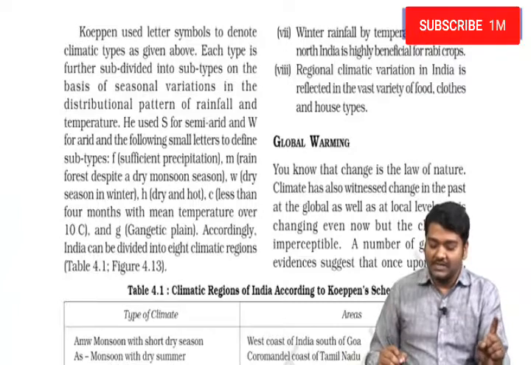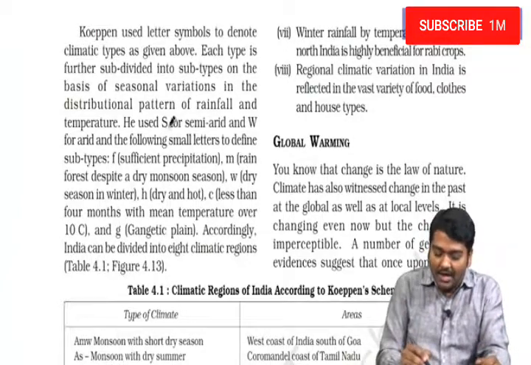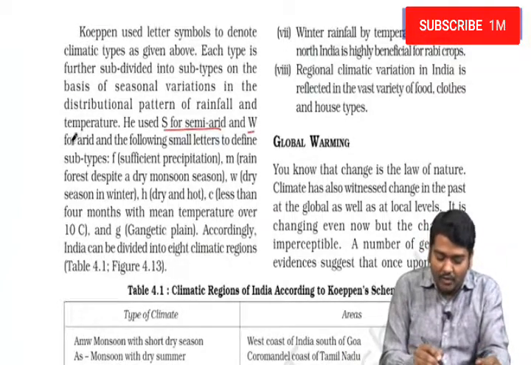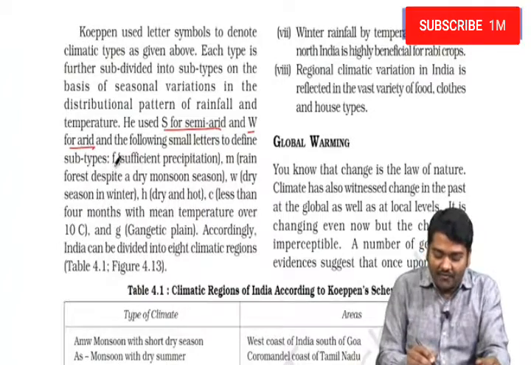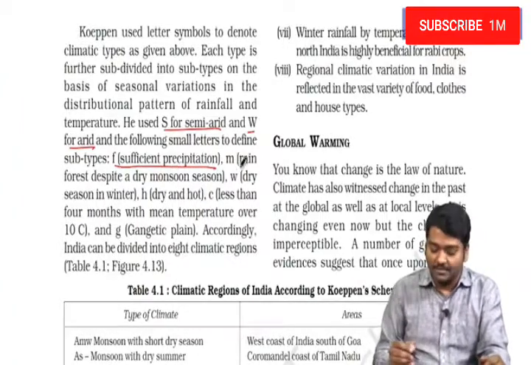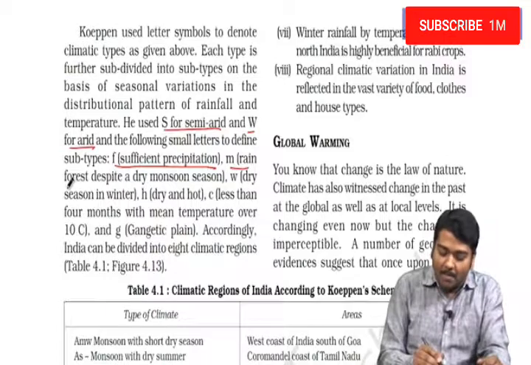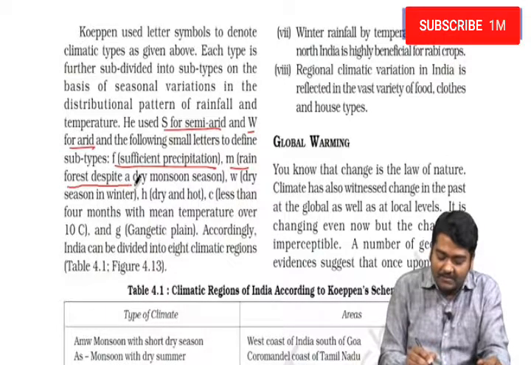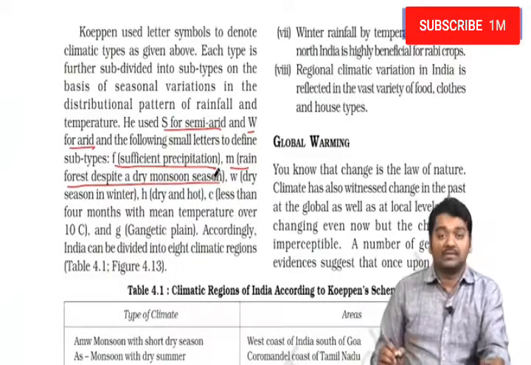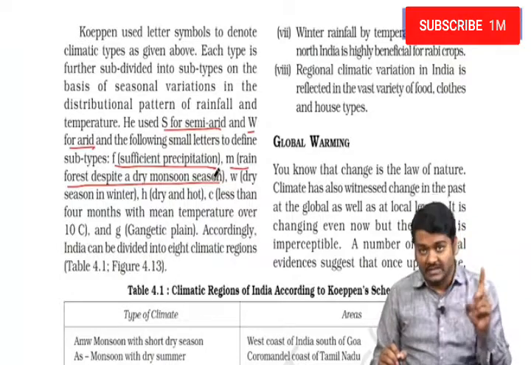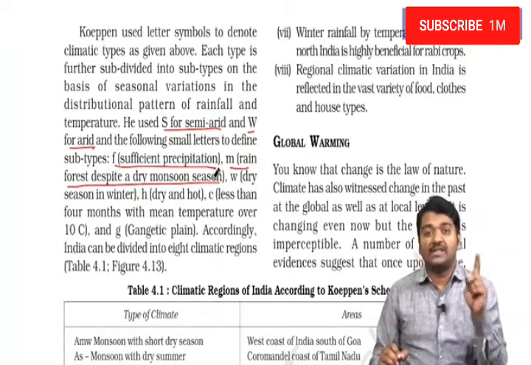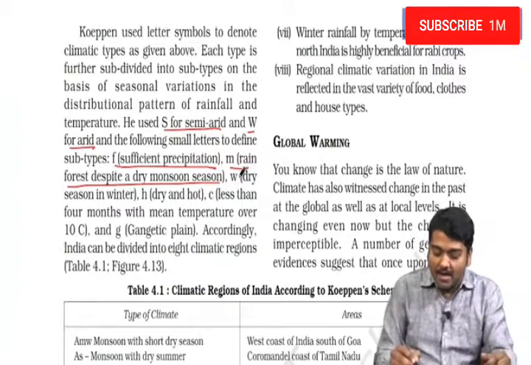Koppen also uses different letters. For example, he used S for semi-arid, W for arid, F means sufficient precipitation, M means rain forest despite a dry monsoon season, that is evergreen forest is there even when you find some sort of dryness.